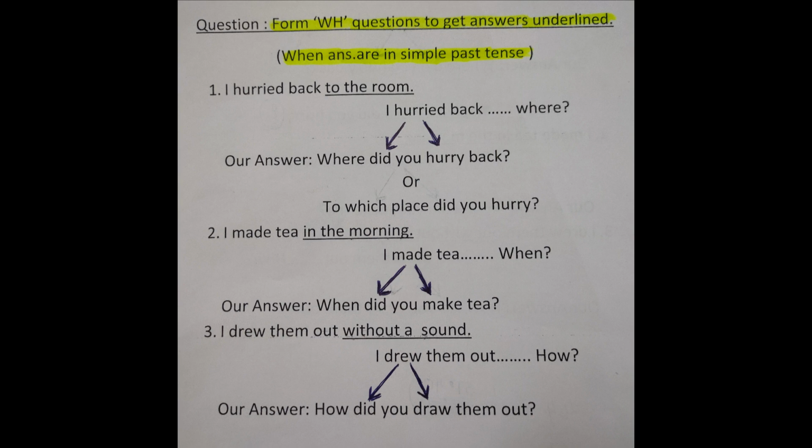So our intermediate question becomes I drew them out how. Now we already know that how has to come right in the beginning, and drew being the simple past verb, it is split into did draw, and I is turned into you, and you goes in between did draw. So our final answer is how did you draw them out?